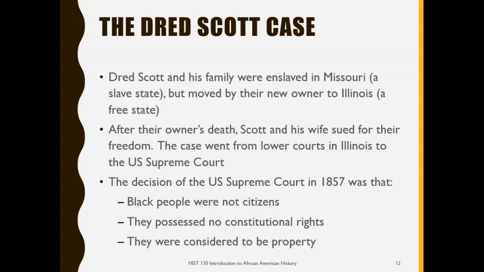Therefore, they had no right to bring a lawsuit in court. So they did not have a constitutional right, and they were considered to be property. So that was the decision of the Supreme Court, and the people in the North were infuriated by this decision, but the people in the South were happy about that decision.